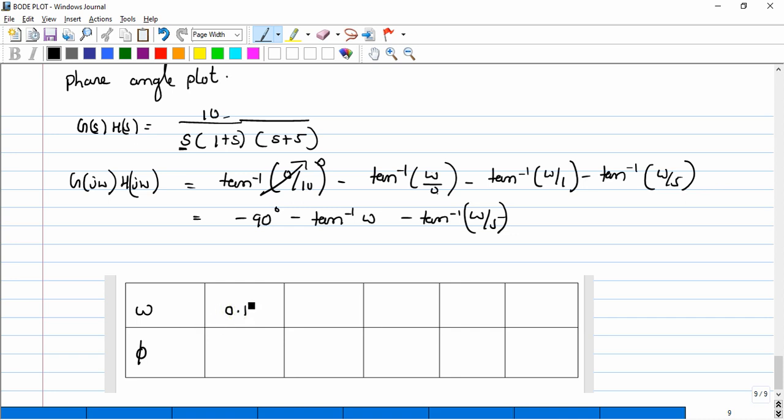Next we have the corner frequencies 1 and 5. Next I will give the values like 10, 100. You can also give 1000, no issues. I will let you know when to give 1000 and when to give 10,000. Okay, now you need to substitute this 0.1 as the omega value here.